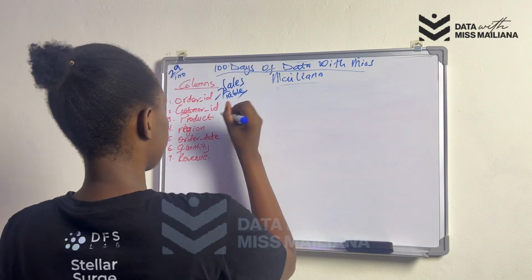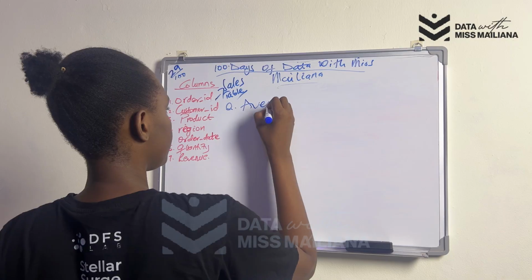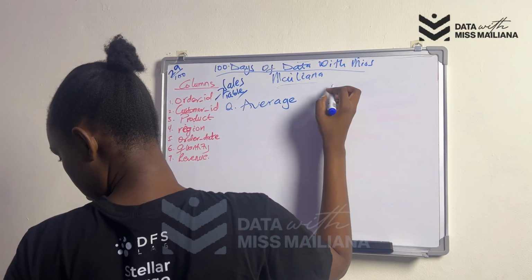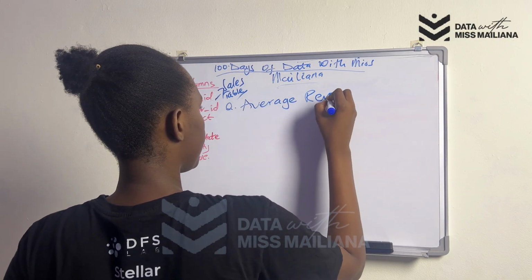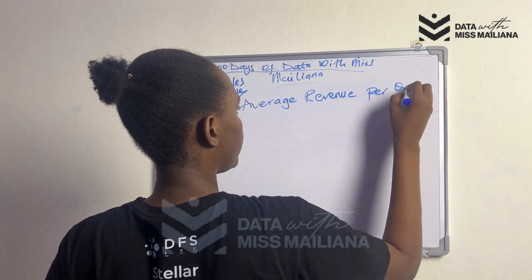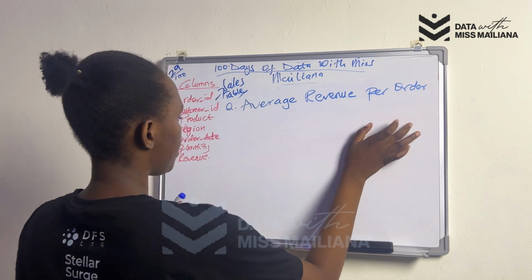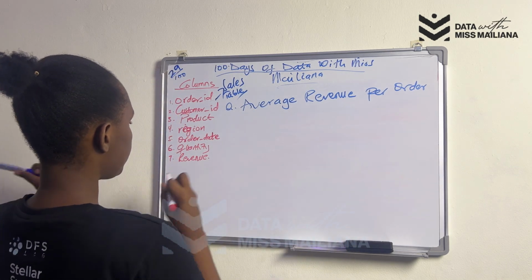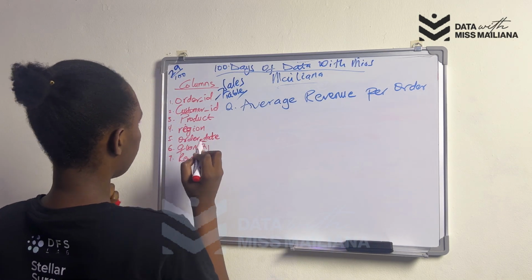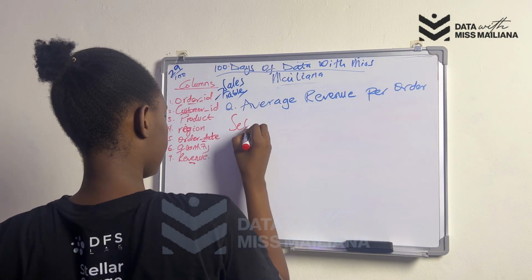So our question is the average revenue per order. Now you're going to write select.